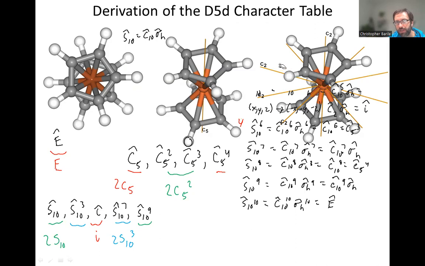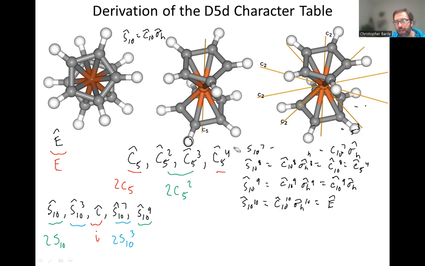Because n equals 5, we know right away that we're going to have 5 and only 5 perpendicular C2s, 180-degree symmetry elements that are perpendicular to the principal rotation axis, or C5.